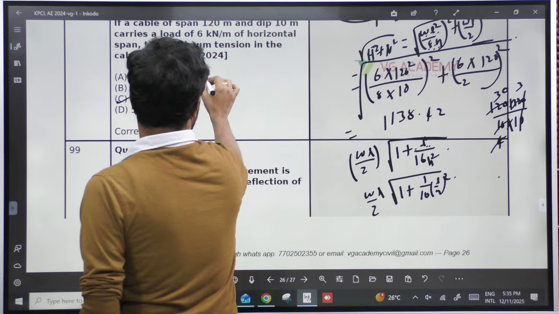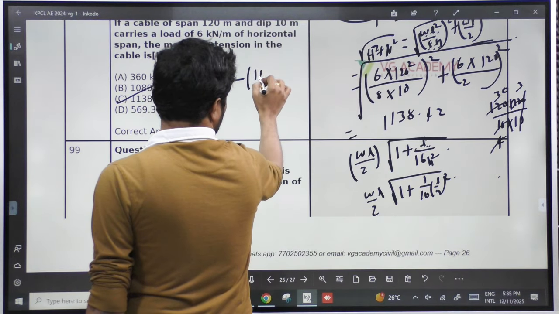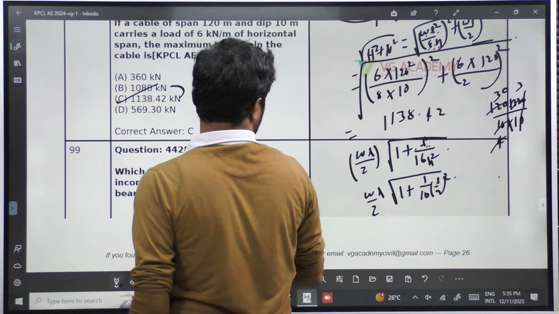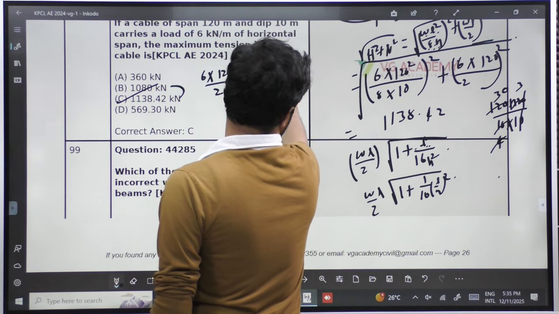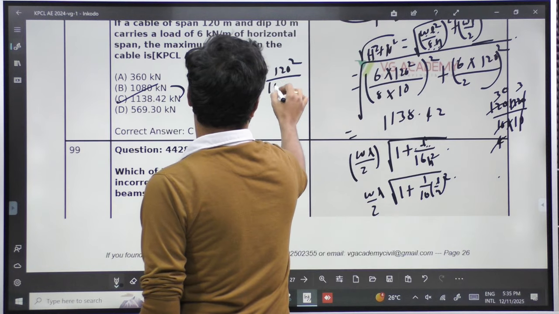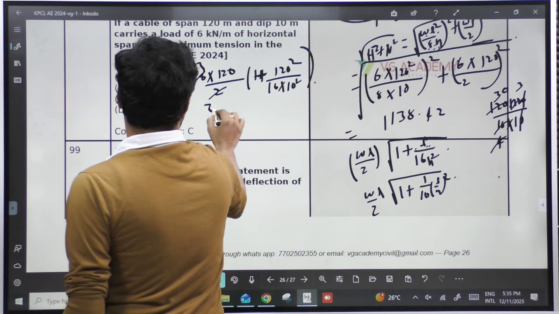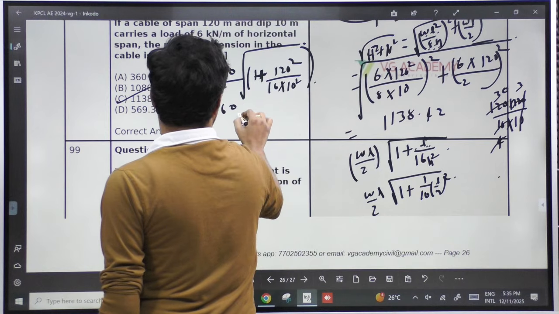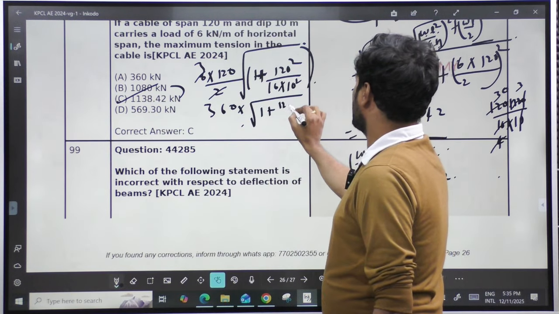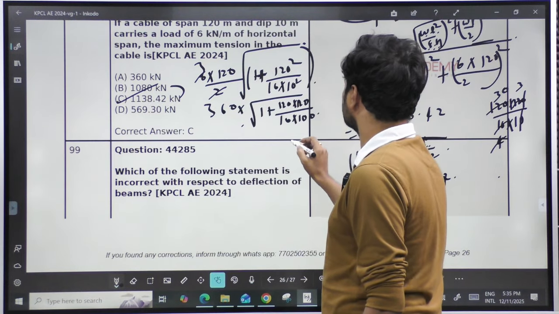So W is 6, L is 120, divided by 2, into 1 plus 1 by 16, sorry, 1 plus L square by 16 H square. L square is 120 square divided by 16 into H square, 10 square. So 2 3s, this will be 360 into square root of 1 plus 120 into 120 divided by 16 into 100.